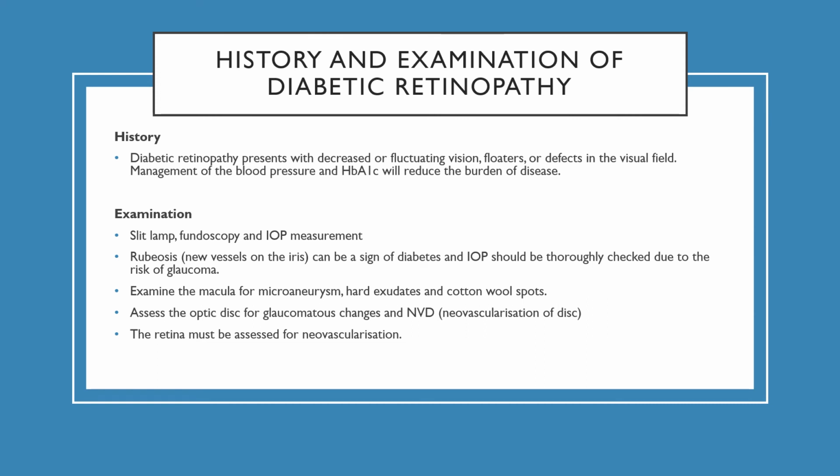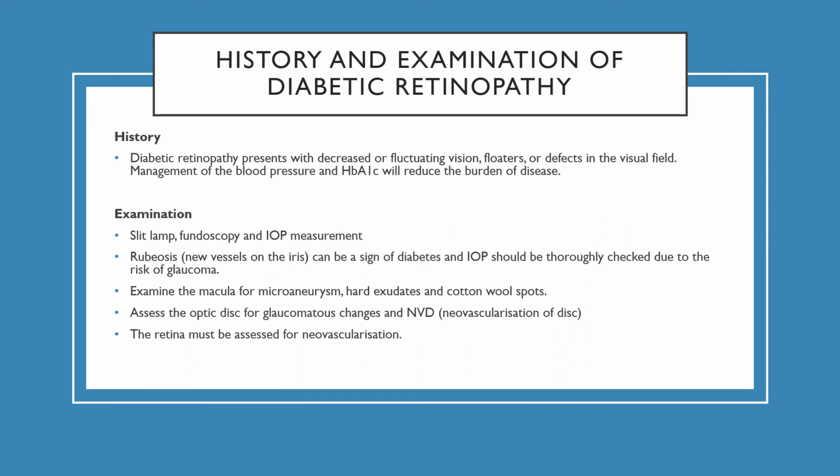The management of diabetic retinopathy we will come on to. However, it is likely that management of blood pressure and HbA1c are the prominent factors in the initial background and pre-proliferative stages. On examination, slit lamp fundoscopy and intraocular pressure measurements are important to rule out subsequent glaucoma.